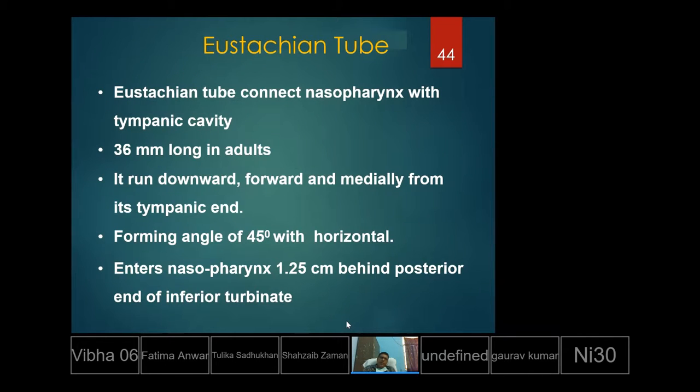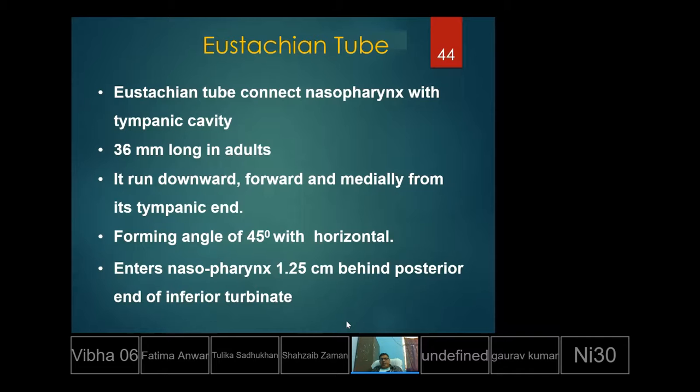Now, one important structure of the middle ear cleft is the Eustachian tube, which connects the nasopharynx with the tympanic cavity.